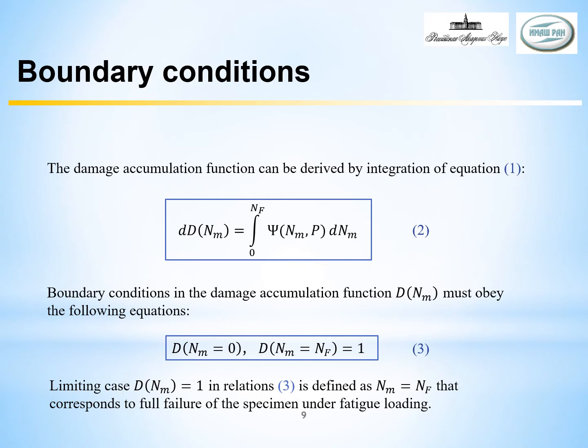The damage accumulation function can be derived by integration of the previous equation 1. The boundary condition in the damage accumulation function D must obey the following equation, and the limiting case is defined as Nm equals Nf, which corresponds to full failure of the specimen under fatigue loading.